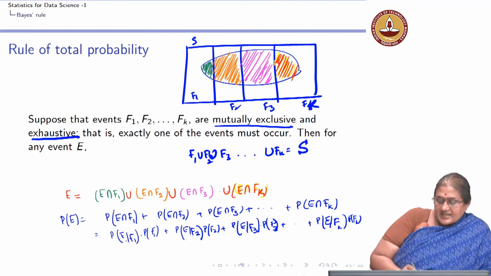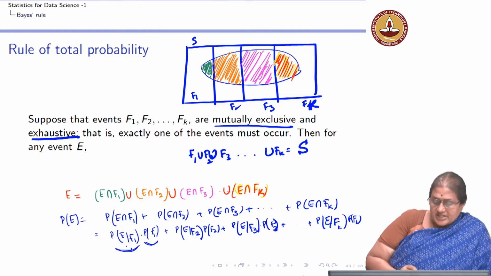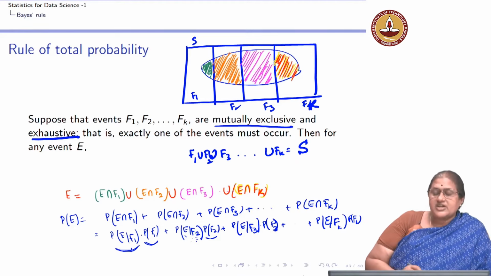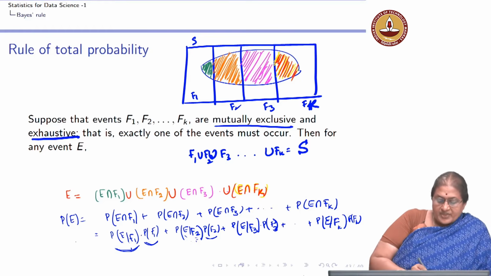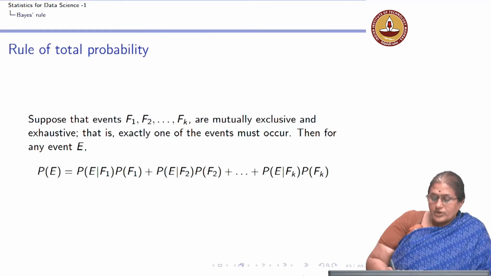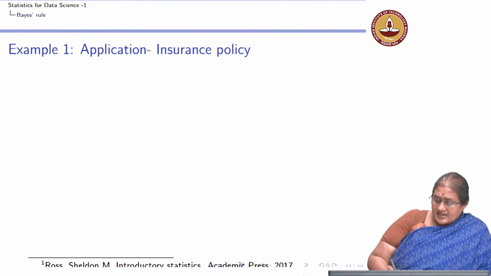So, we can see that each of these conditional probabilities of E happening is weighted by the probability of the event it is conditioned on. Here again I have E given F2 into the weight of the probability of the event it is conditioned on, which is F2, and this is what is referred to as the law of total probability, which I can rewrite as the following.